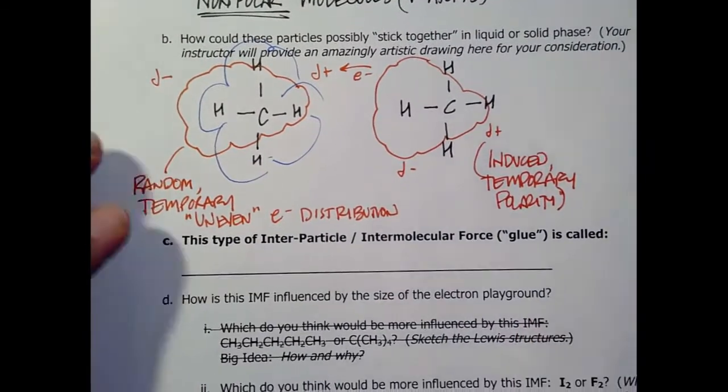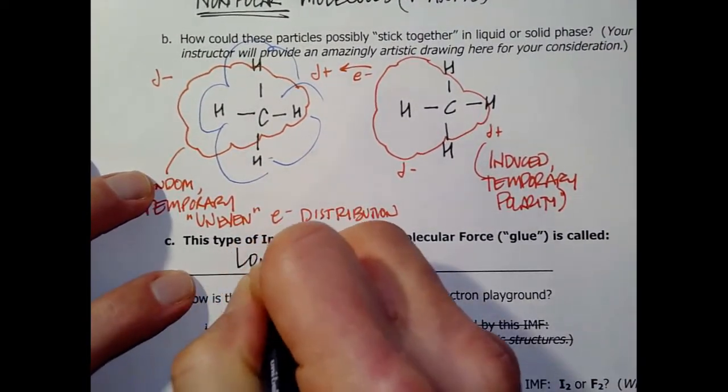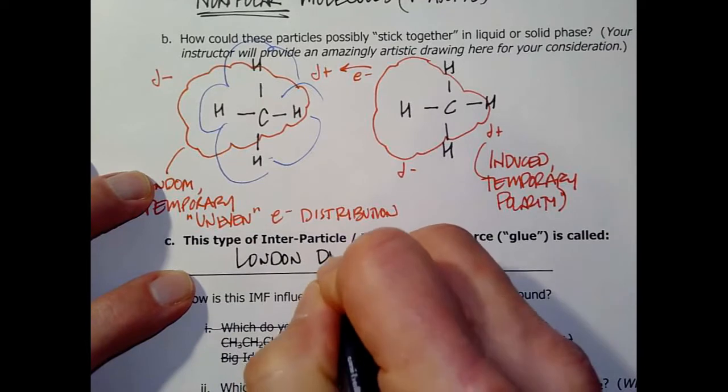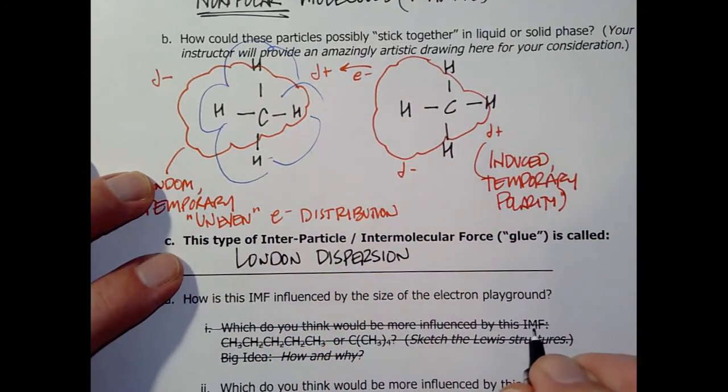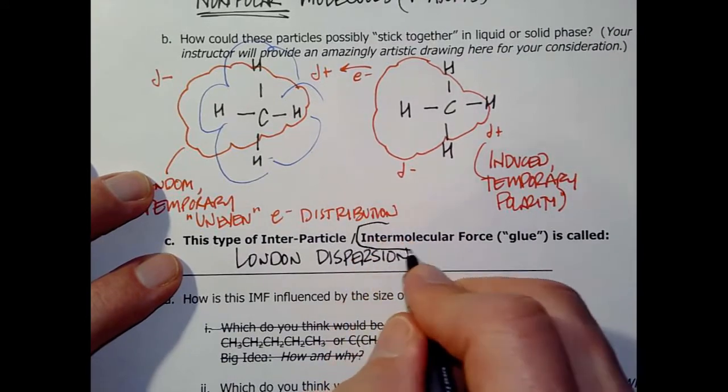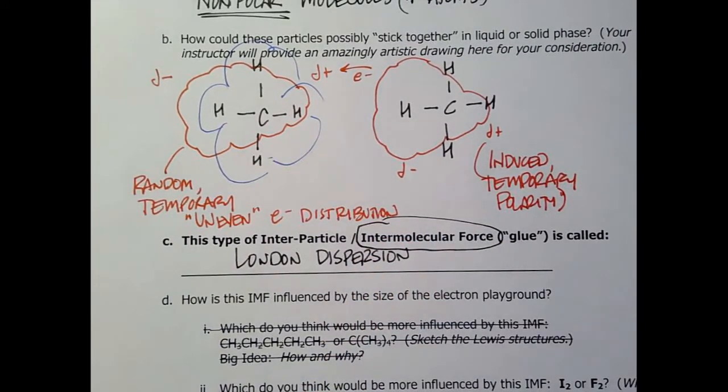Now this is called a London dispersion force. That's our IMF. It's temporary, but it's on, off, on, off between different sets of molecules, enough such that the whole mass sticks together.